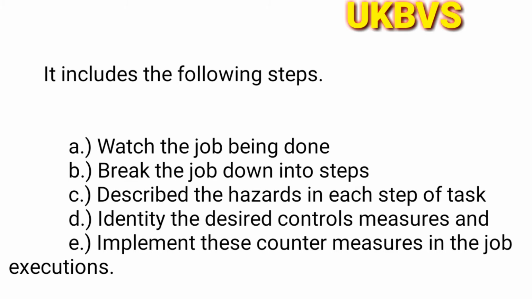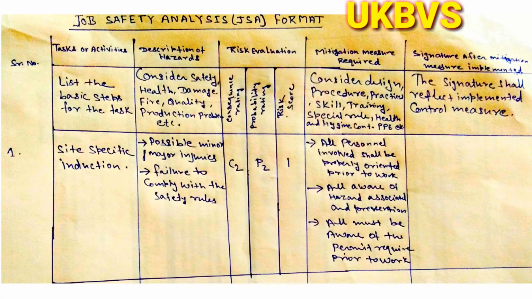This is the process. Now friends, I am showing a job safety analysis JSA format which is very needful for making a JSA. This is a very simple and easy format. You can make a JSA very easily according to this type of format. I want to explain a little bit about this format. Look at this format.